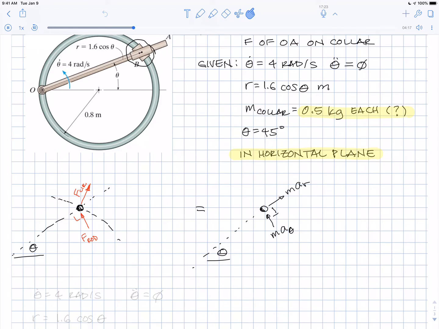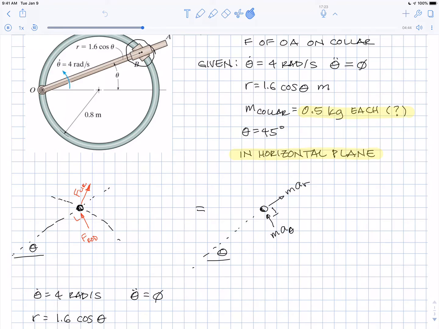Okay, so to do these sorts of problems, we have to know r dot, theta dot, and all those sorts of things. So let's look at what we've got. We've been given that theta dot is 4 radians per second constant, which is nice because that means theta double dot is 0. And we're given that r equals 1.6 cosine theta.